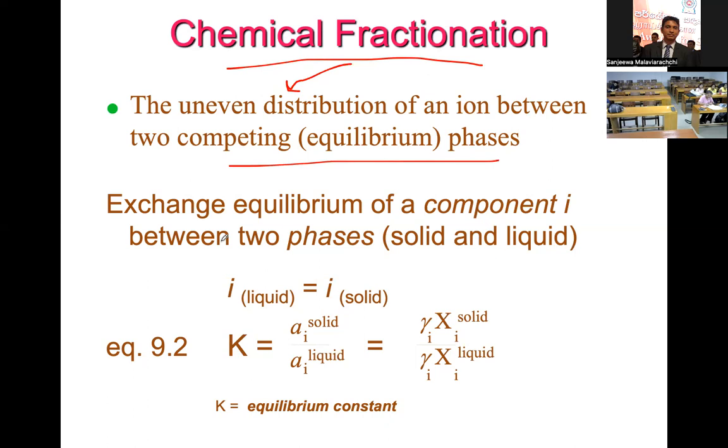Okay, so we'll see one component called I. It can be an element, exchanging between two phases. These two phases are essentially solid and liquid. We are talking about solid and liquid because we are discussing melting and crystallization also. We did not start crystallization yet, but we are talking about the same scenarios.